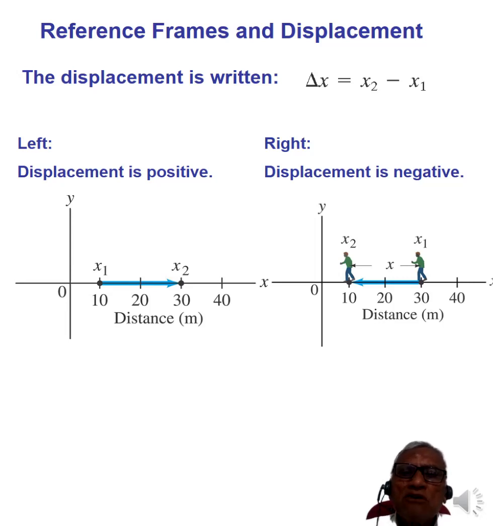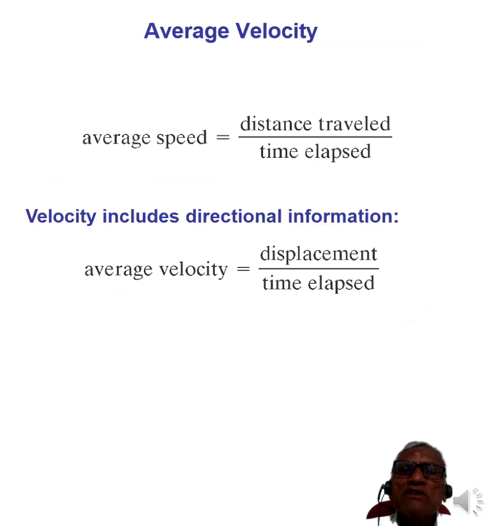We will come back to this after we look at the definition of velocity. The speed and velocity are quantities which are defined with respect to a particular motion. The speed is nothing but the distance by time, whereas the velocity is the displacement by time.